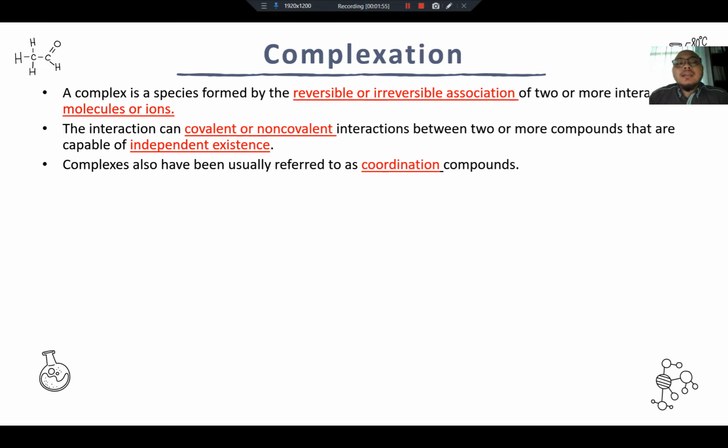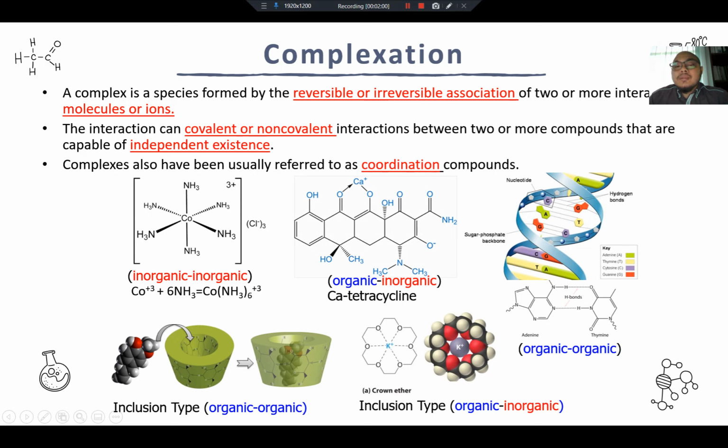Complexes are also usually referred to as coordination compounds. I'm not sure if you guys already learned about coordination compounds or not. As I mentioned here, the interaction can be organic or inorganic. We have the inclusion type as well.